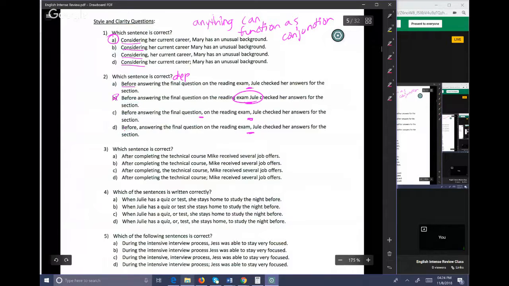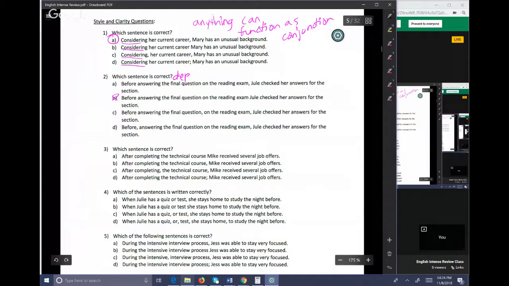C is a good example of where an extraneous is being used, and that can kind of give you a heads up. If you chose C, you would be saying that this part right here that's surrounded by commas is not important. So you'd be saying, before answering the final question, Jewel checked her answers for the section. And that does actually make sense. So you could actually remove that fragment in this case.